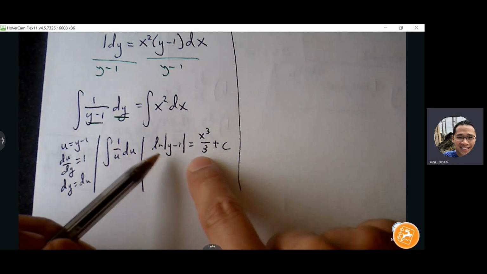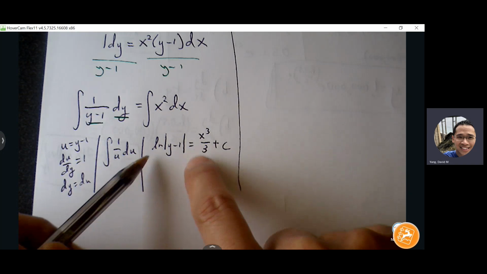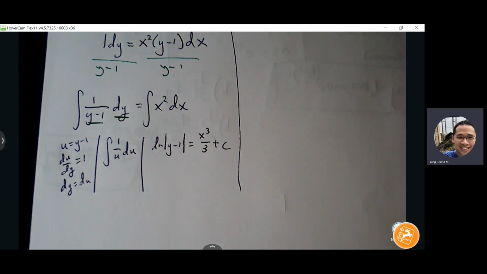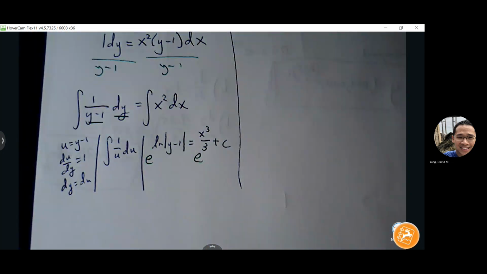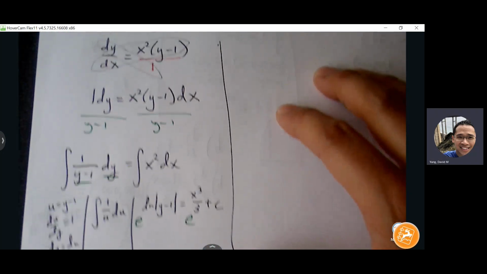All right, I would like to get this closer towards solving for y, so I'll raise both sides, e is the base. Set up here.